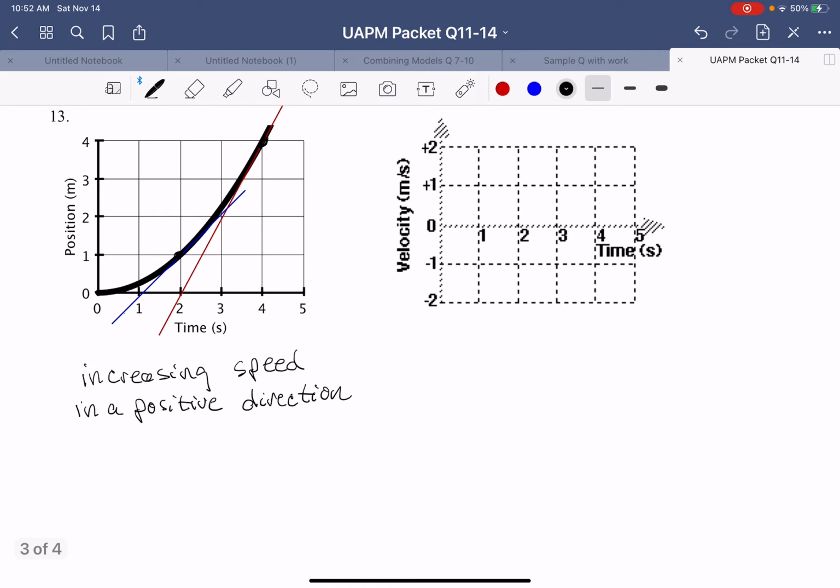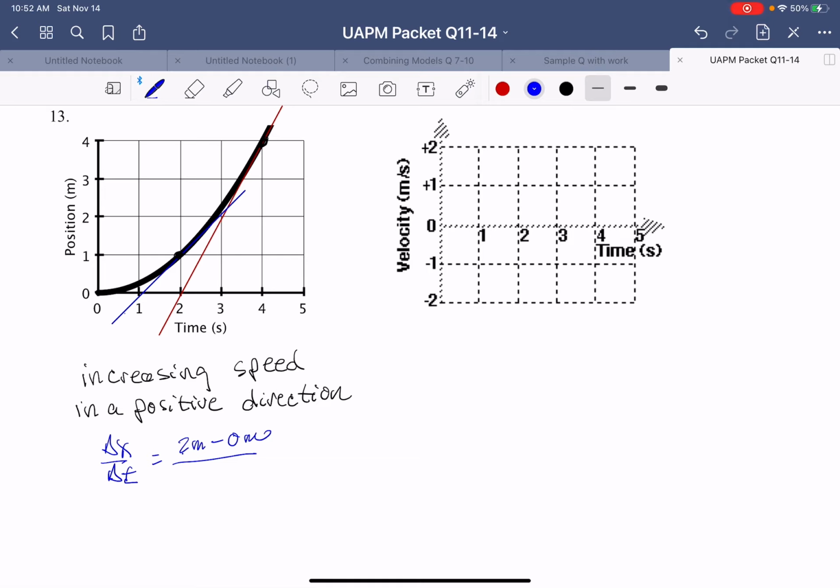So the blue one, my slope right there is my change in position over my change in time, which is 3 meters minus 1 meter over, I'm sorry, that's not what it is. It's 2 meters minus 0 meters.